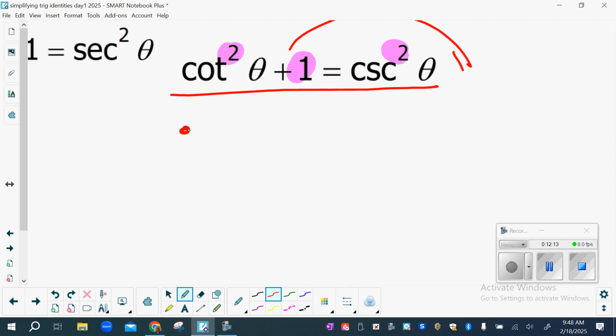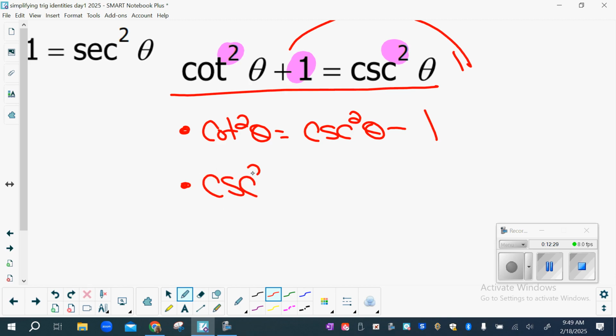So here's cotangent squared equals cosecant squared minus 1. And the last one is cosecant squared minus cotangent squared equals 1.